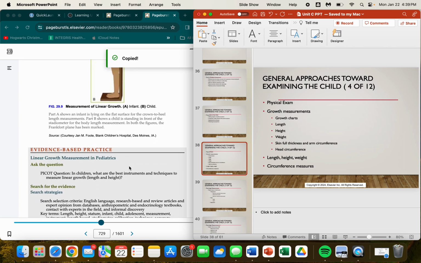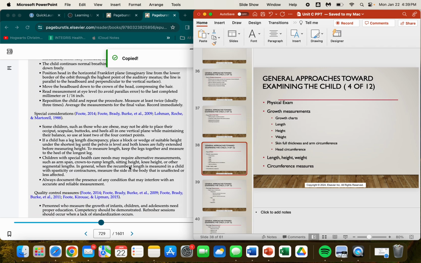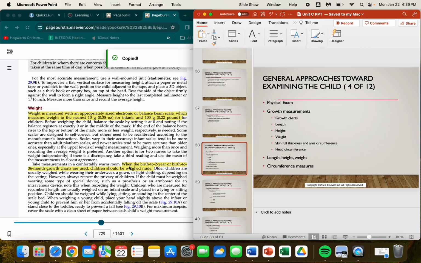Given that, we also need to know how to measure weight. Most of the time, those are given on a balance beam scale, where kids, if they are able to walk, can step up onto a scale, or if they're infants, we obviously want to lay them onto the appropriate size scale, which most of today's are electronic.